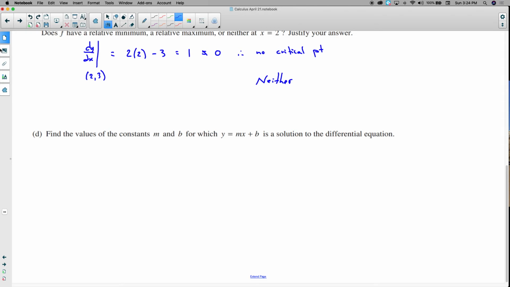This one is definitely tricky because it doesn't give you an initial condition, and the question is to find these m and b values for which the linear function y equals mx plus b is a solution to the differential equation. This one's going to meander around a little bit, and then there's definitely going to be an algebra trick. So let me roll into this.